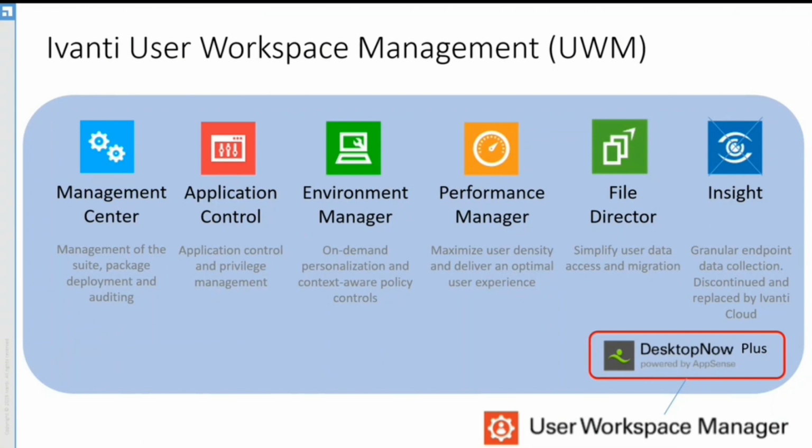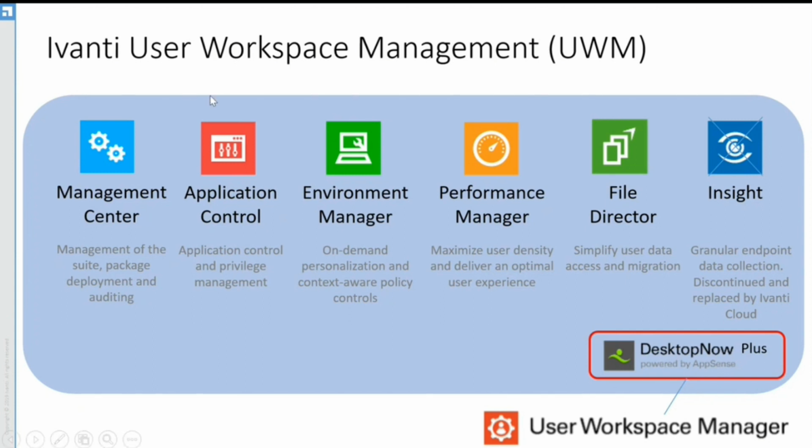Since you are from Citrix, an example is Studio, where you control all the machines. This is the console where you control the machines and deploy the agents. Like you have a VDA agent in Citrix, we have Ivanti agents in this product. The management center is where you control the endpoints: which groups they should be in, which agents need to be pushed, and what configurations need to be pushed.